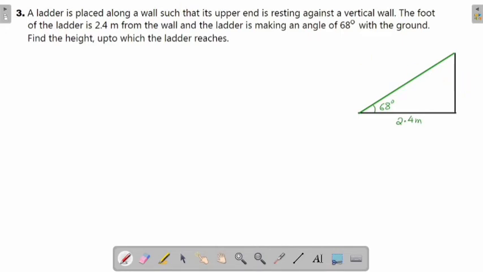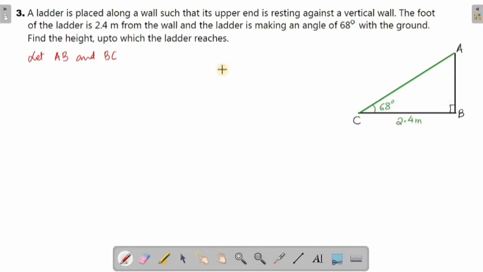So for that, what I am going to do is, I'll first name it. Let me call the triangle formed triangle ABC, where you see angle B is 90 degree. Okay, now let me write the solution. Here we have to make use of AB and BC only.